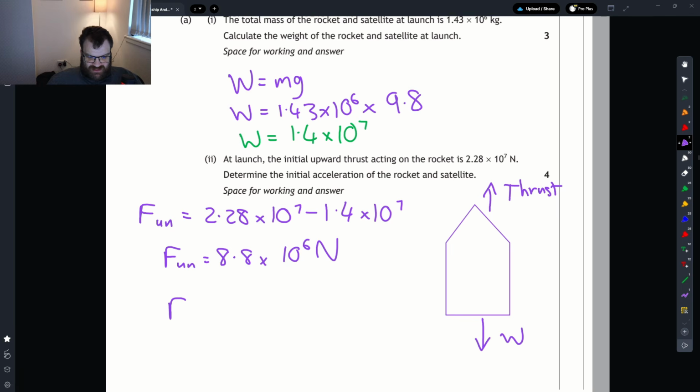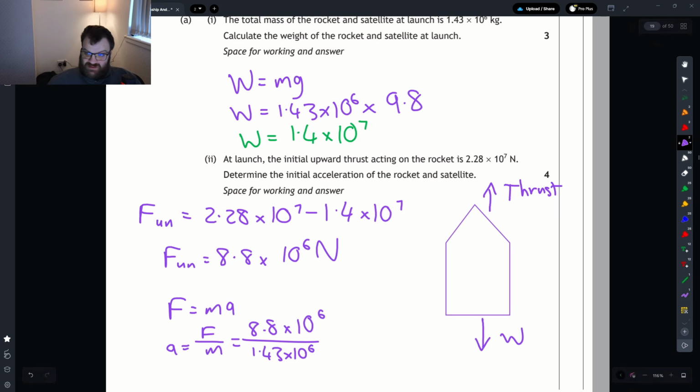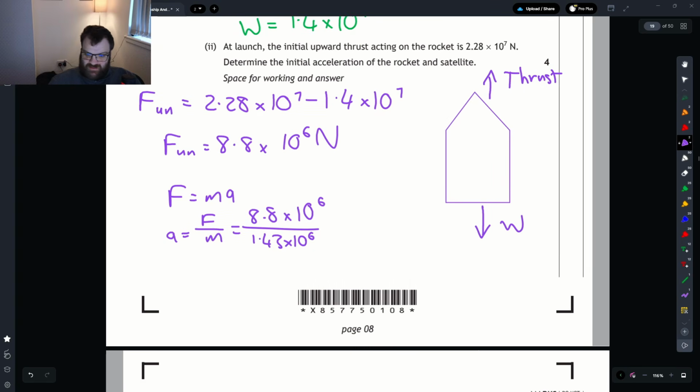And then acceleration. Well, if F equals ma, then a equals F over m, which is that number we calculated divided by the 1.43 times 10 to the power of 6. Then a equals 6.15 meters per second squared.